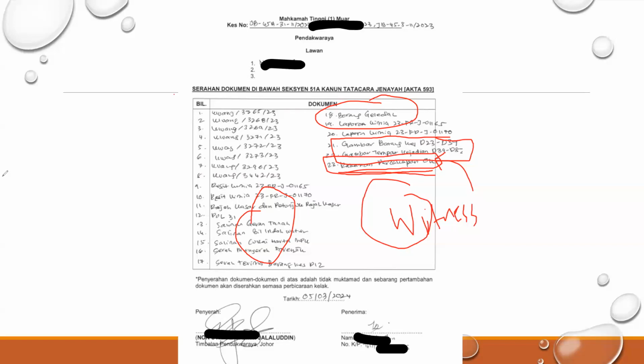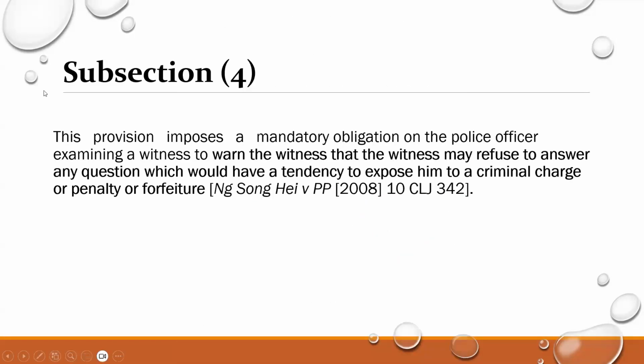Okay, so this is under your Section 51A of CPC. Like I say, if you have the resource or you have any friends that is doing criminal litigation, try to ask for this sort of documents for you to appreciate the CPC or rules of court better. It will be extremely helpful for you.